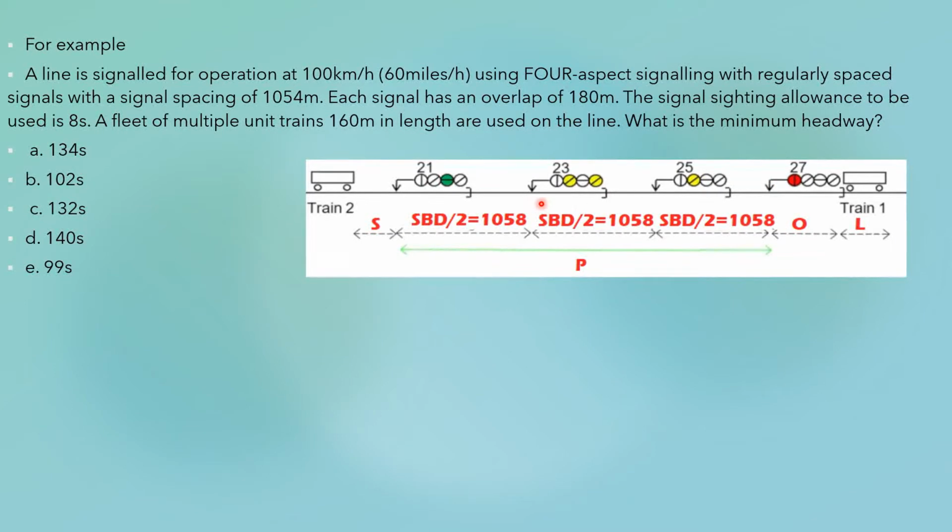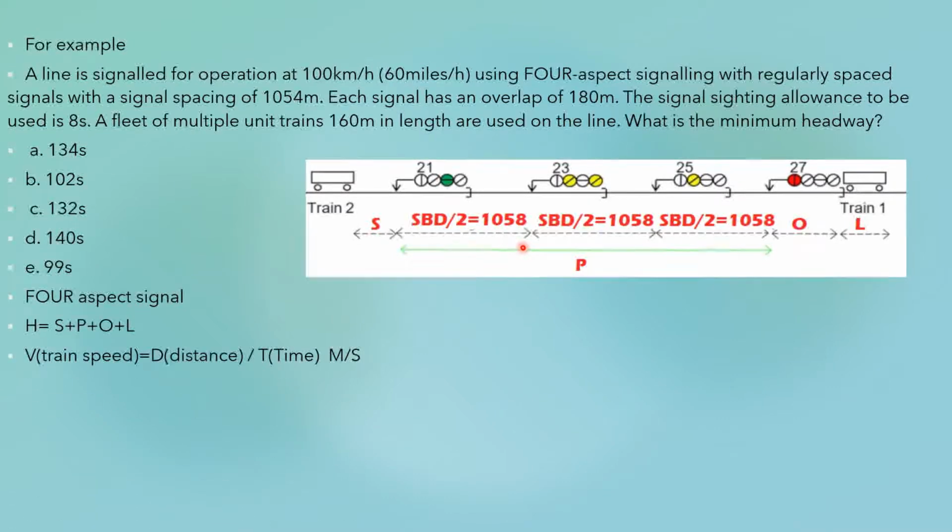So all this is the service braking distance. So all this, the distance between two signals here, is SBD divided by 2, SBD divided by 2, and SBD here divided by 2 as well. Then for the 4-aspect signal, we have the formula H equals S plus B plus O plus L.